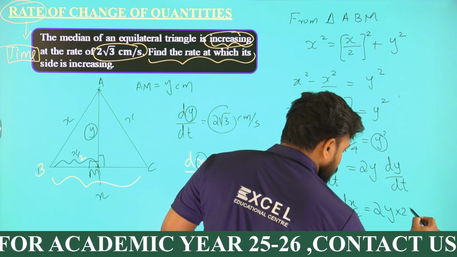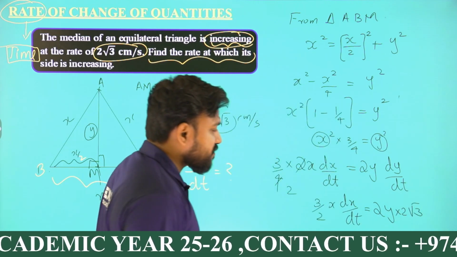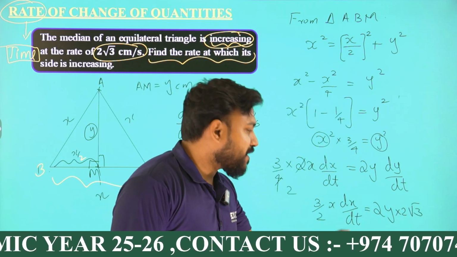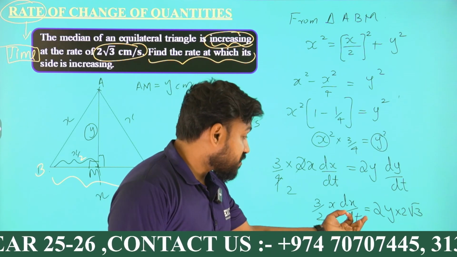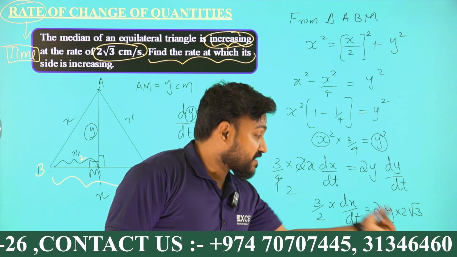So into 2√3. But the problem is you are not able to find dx by dt from it. Why? Because we need x and y.